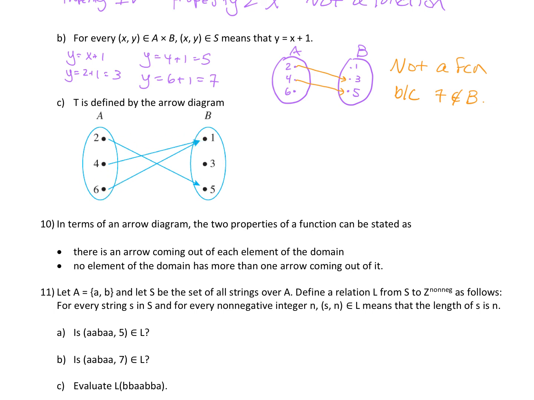If I listed these as ordered pairs, I would have (2, 5), (4, 1), and (6, 1). Every element of A, 2, 4, 6, appears as a first coordinate, and none of my elements of A appears as a first coordinate twice. So this is a function.